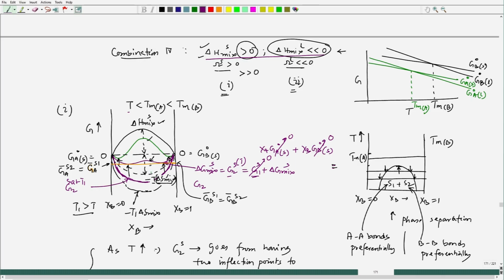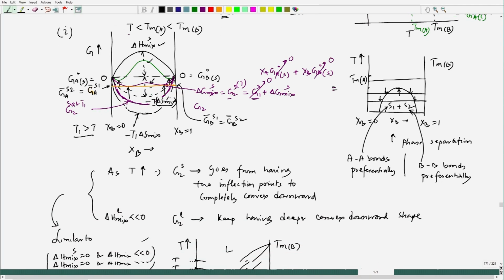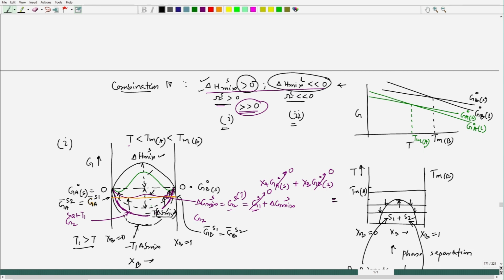Now, if this value is taking this, then what would happen? We have to see how it turns out, or we can say the combination for B, and let us say this one was the combination for A, this particular one. Okay.